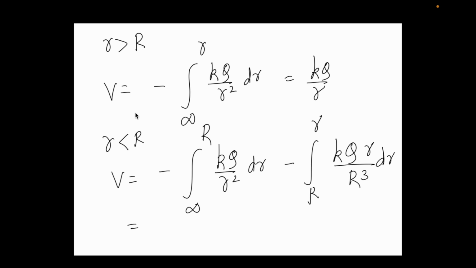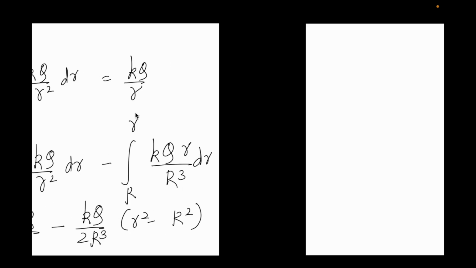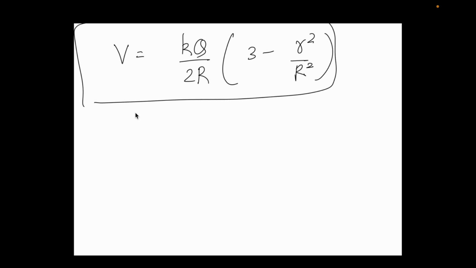If you do this, you'll get the first term and the second term, and that whole thing will give you the expression which has a dependence on r square. That is something which has been asked in this question.